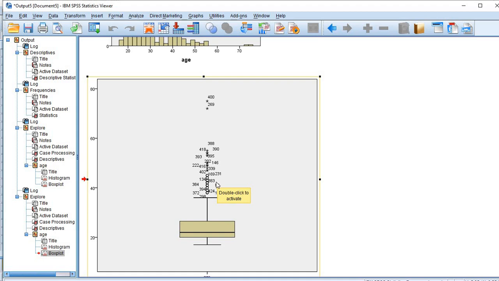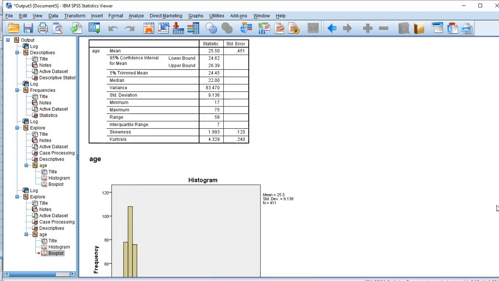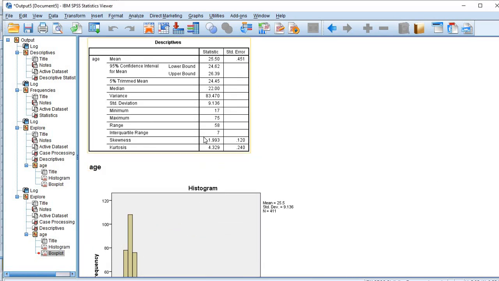Now you realize that these fences, the upper inner fence and the lower inner fence, are drawn at a distance of plus or minus 1.5 of the interquartile range. What am I saying? Here we have the interquartile range, the difference of the upper and the lower quartile, which is 7.